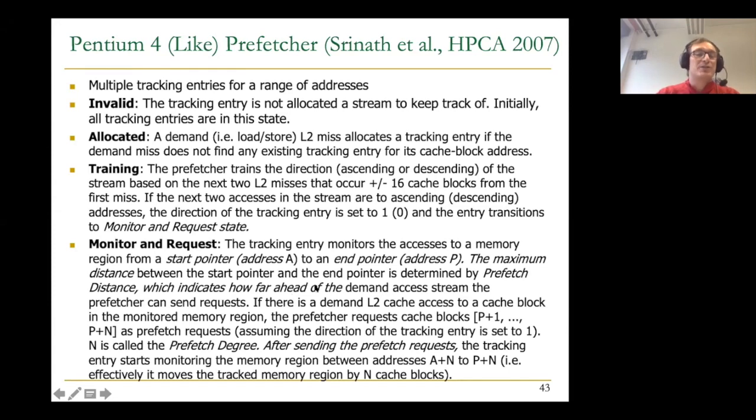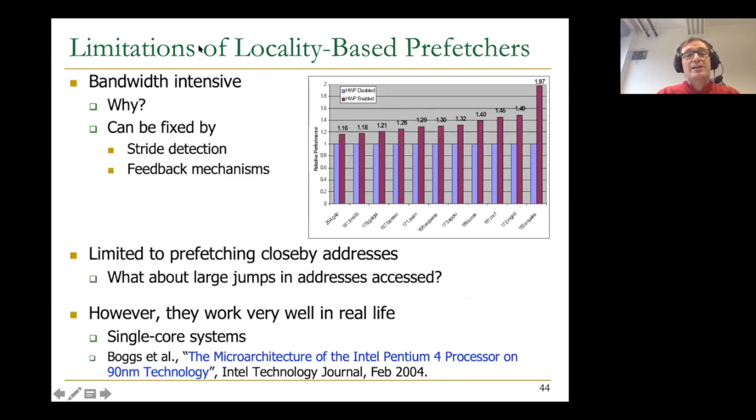Okay, and there are even more sophisticated prefetchers that try to minimize the bandwidth waste. So clearly this prefetcher can cause bandwidth waste also, depending on the circumstances and depending on the requests issued. Okay, so this is a locality-based prefetcher.